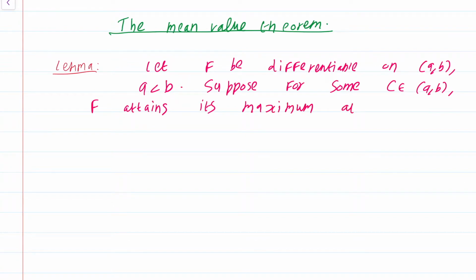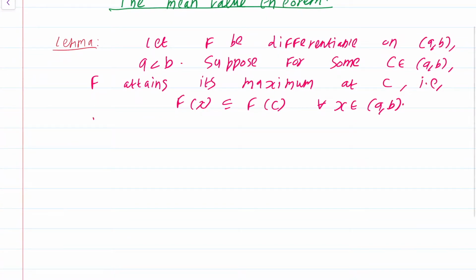What I mean by this is, f of x is less than or equal to f of c for all x in (a, b). This is a point of maximum of the function f. Then f prime at c is 0.